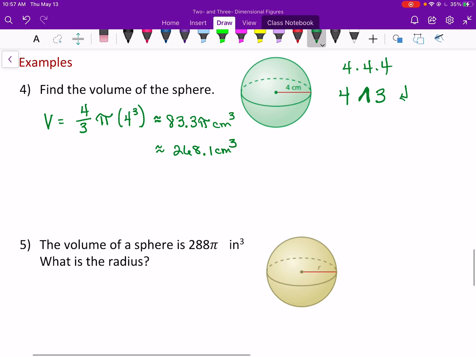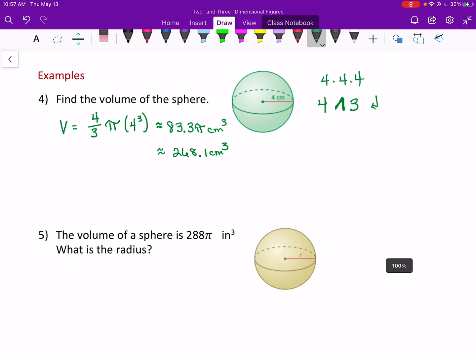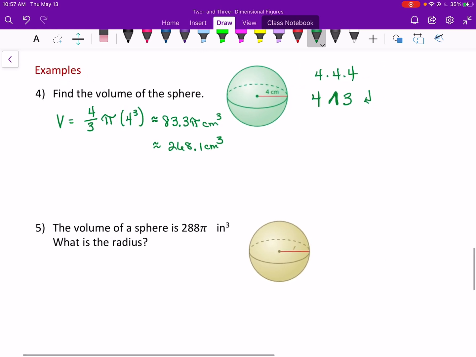One last example, same formula. This one gives us the volume, and it asks us to find the radius. Same formula, only it says the volume is 288 pi inches cubed, and it wants the radius.